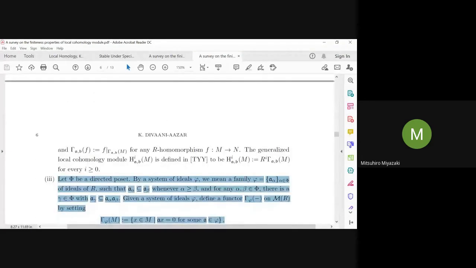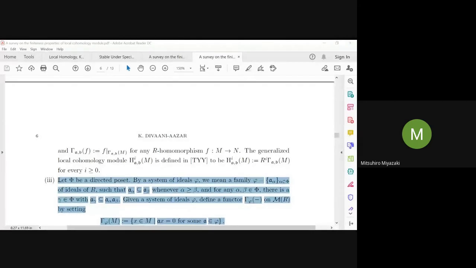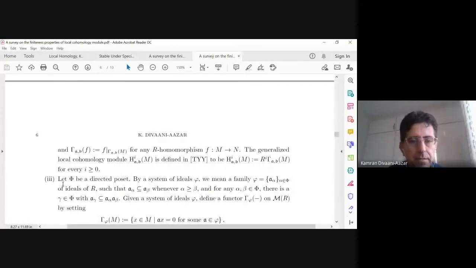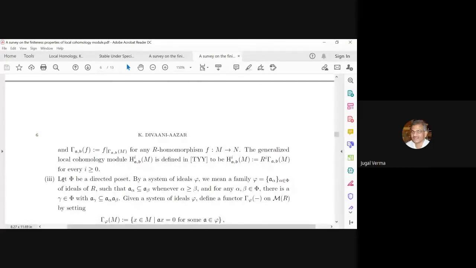So I want to know an example that is essentially different from the usual local cohomology. Sure, you can take symbolic powers of a prime ideal. If you take symbolic powers of a fixed prime ideal, they satisfy these conditions.